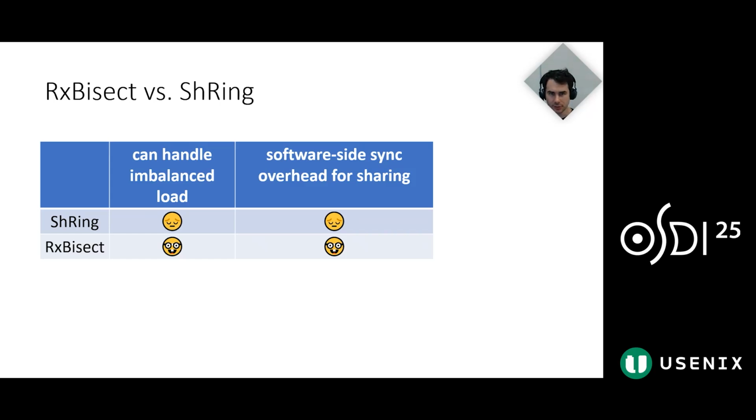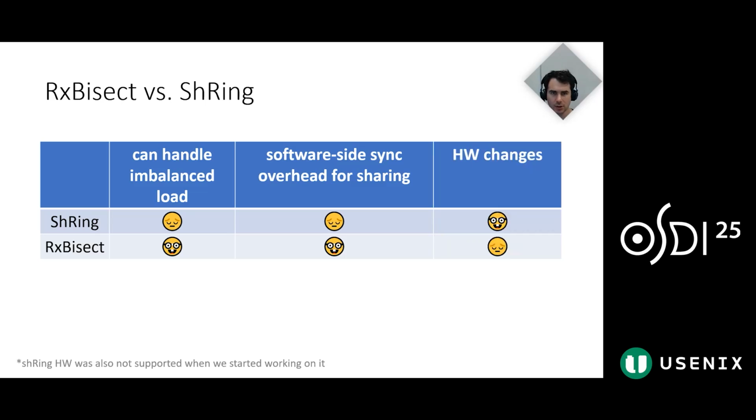Second, shRing necessitates locking in software to synchronize over shared data structures, which increases packet processing latency. In contrast, in rxBisect, calls make progress independently of other calls and with no additional overhead relative to the baseline ring per core model.